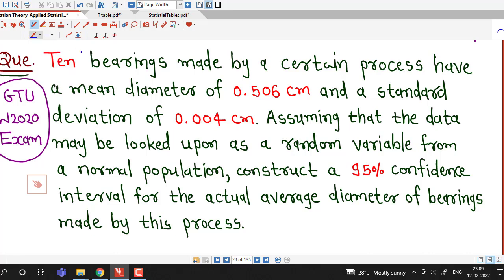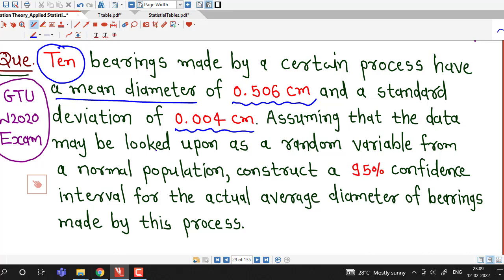It is given that 10 bearings made by a certain process have a mean diameter of 0.506 centimeter and a standard deviation of 0.004 centimeter. So here we are given a sample of size n equal to 10 with sample mean x bar equal to 0.506 and sample standard deviation s equal to 0.004 centimeter.